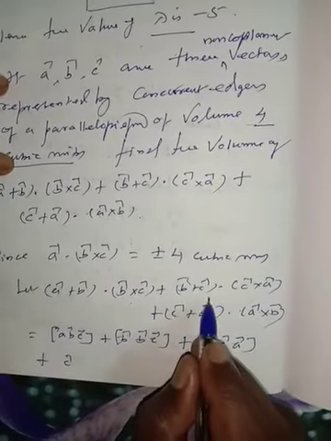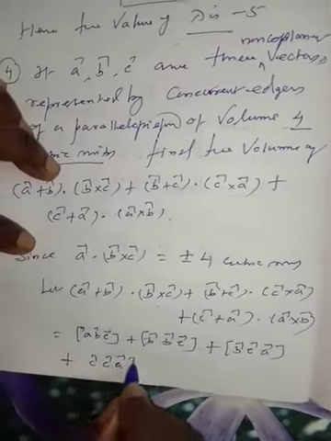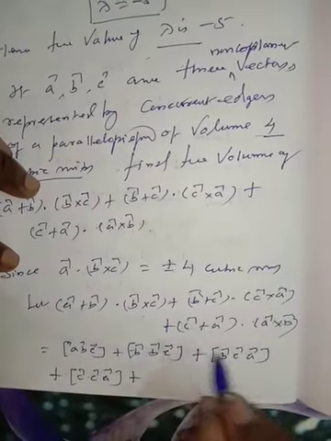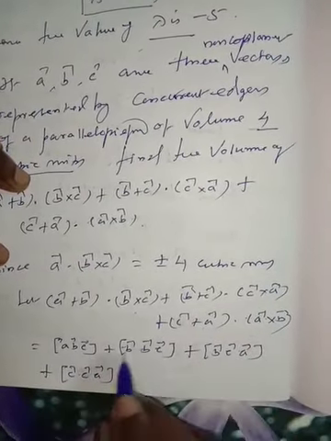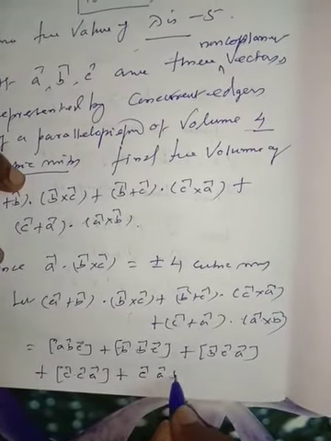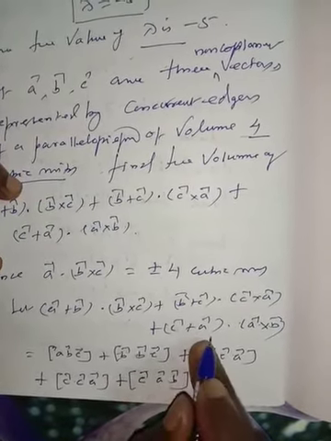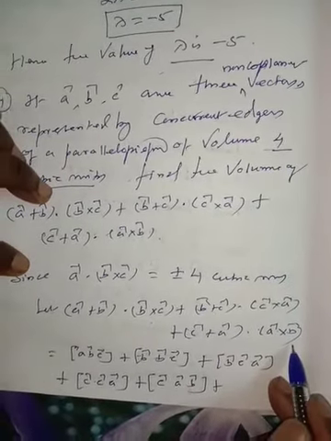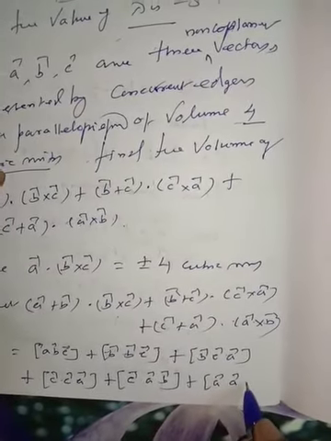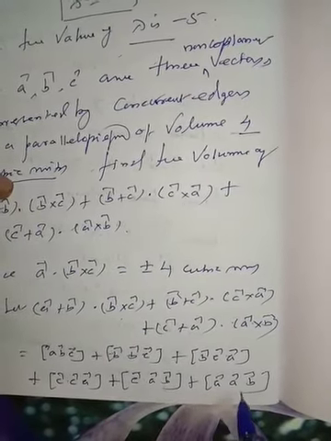So the box product of c, c, a, plus c dot (a cross b), so the box product of c, a, b, plus a dot (a cross b), which means the box product of a, a, b, which is 0.